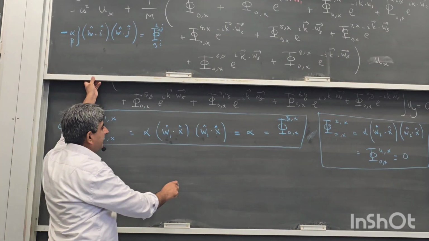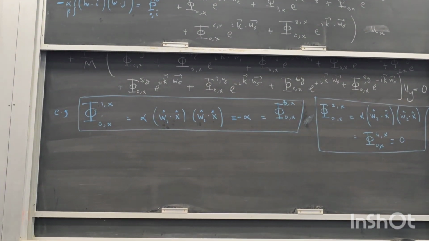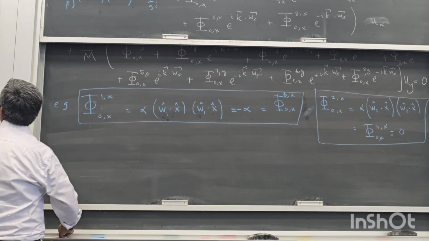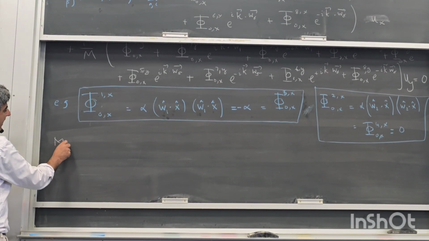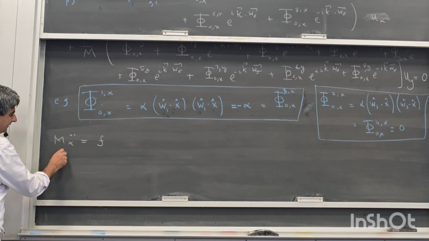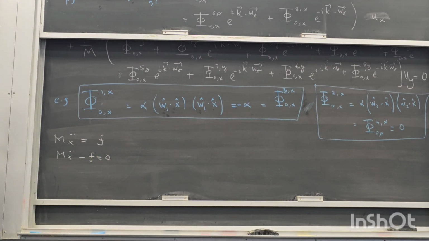So this term is minus alpha. Okay, so you can see it's the negative of the force because you would simply know that mx double dot is equal to some force. So mx double dot minus f equals 0 is the equation of motion.